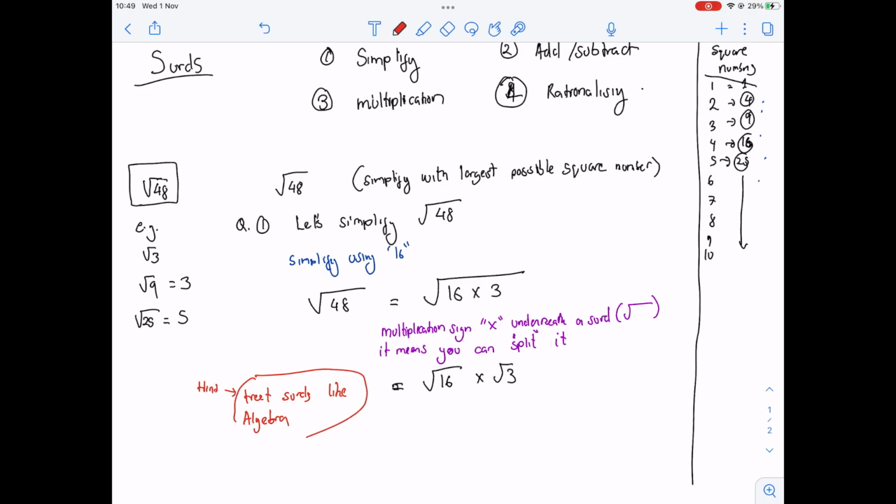Underneath here, imagine we had x times y. Well, we know from algebra, if we had x times y, we can write it as xy. We all know this. Therefore, we're going to write the next phase as root 16, root 3.